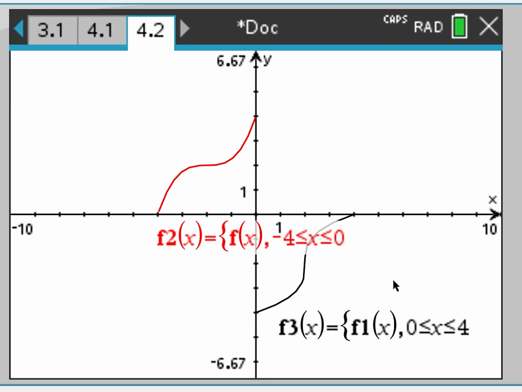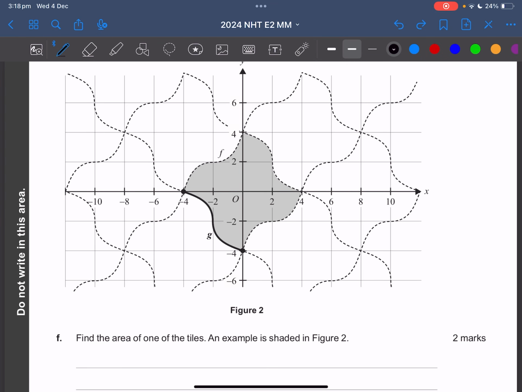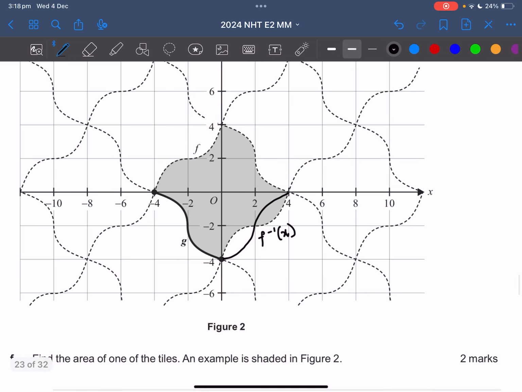Okay, let me draw this inverse on our actual grid for figure 2. So it will look something like that. Okay, so this is our f inverse of x. Well, if you look closely, if I were to flip this graph across the y-axis, we will land exactly on g. So all we have to do is a reflection in the y-axis.